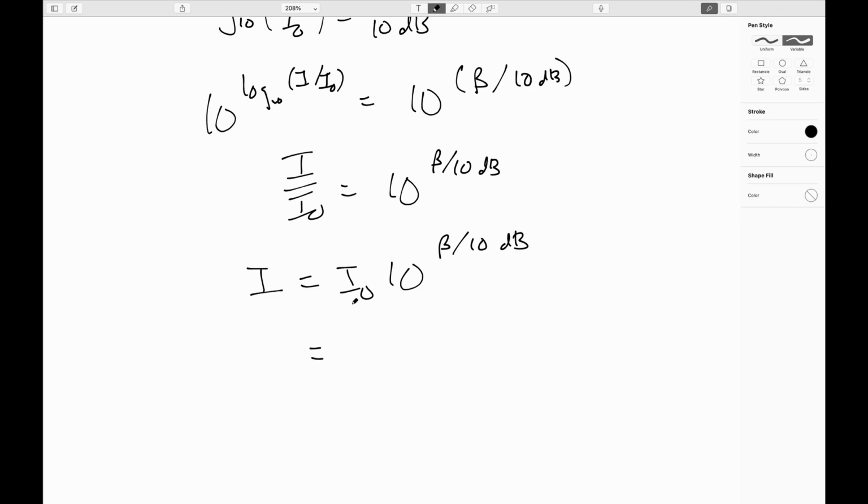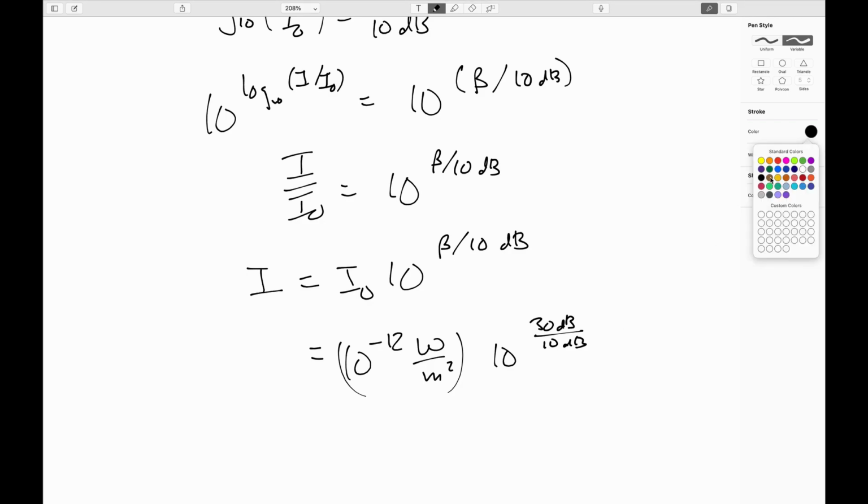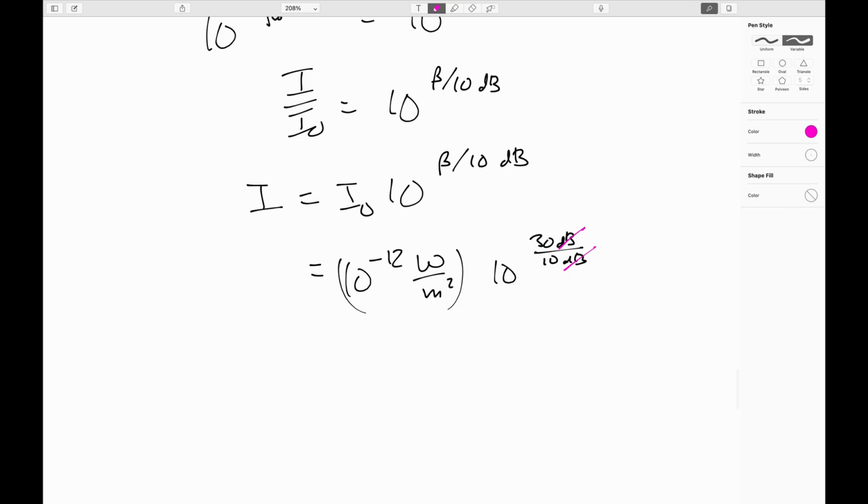So let's put in our I naught, unless you're told otherwise, it's 10 to the negative 12 watts per square meter. This will be 10 to the 30 dB over 10 dB. And even though decibels aren't properly a unit, you still feel good when they cancel. In 30 over 10, that's just 3, so that's 10 to the 3.